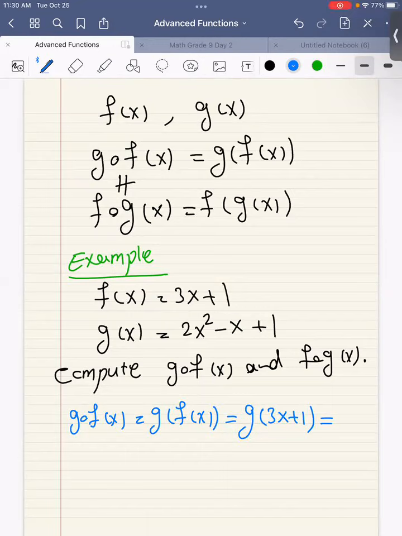Because g of x is 2 times x squared minus x plus 1. So what is g of 3x plus 1? It would be 2 times (3x plus 1) squared minus (3x plus 1) plus 1.